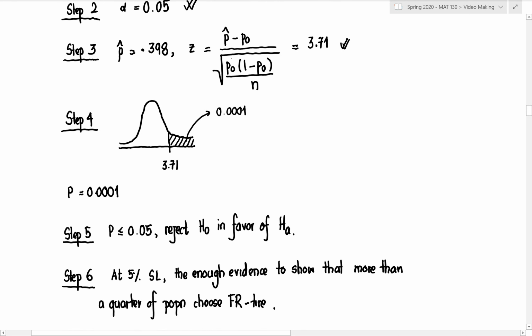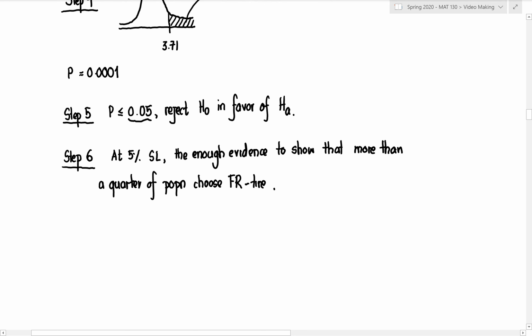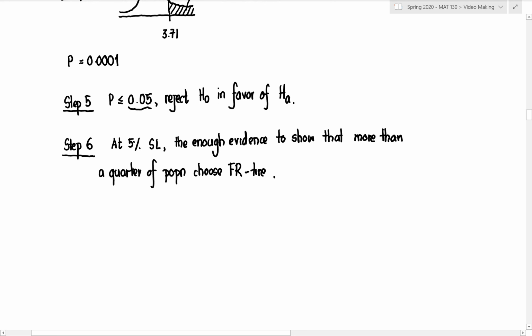In our z table, the area to the right of 3.71 is the same as the area to the left of negative 3.71, which from the table is 0.0001. That is less than our significance level, so we reject H naught in favor of HA. At the 5% significance level, there's enough evidence to show that more than a quarter of the population chooses the front right tire.